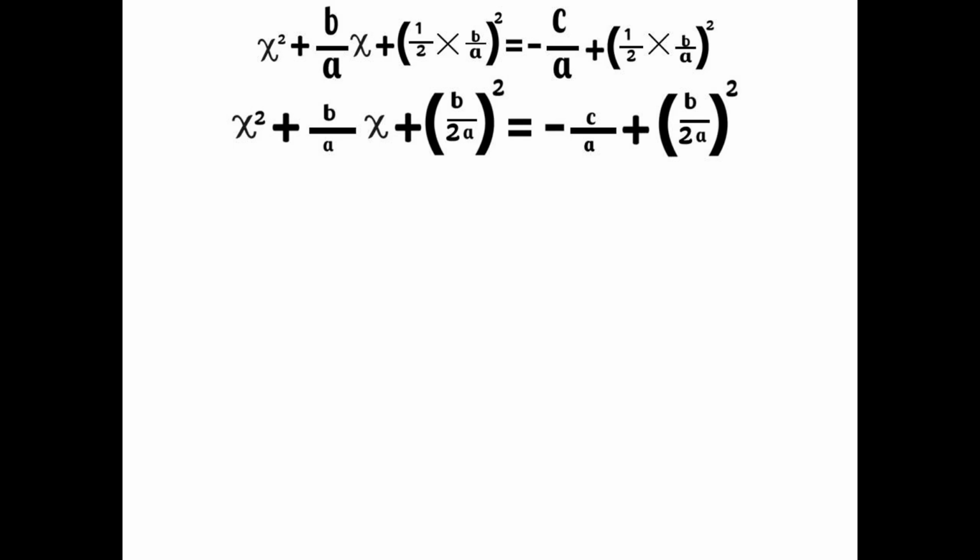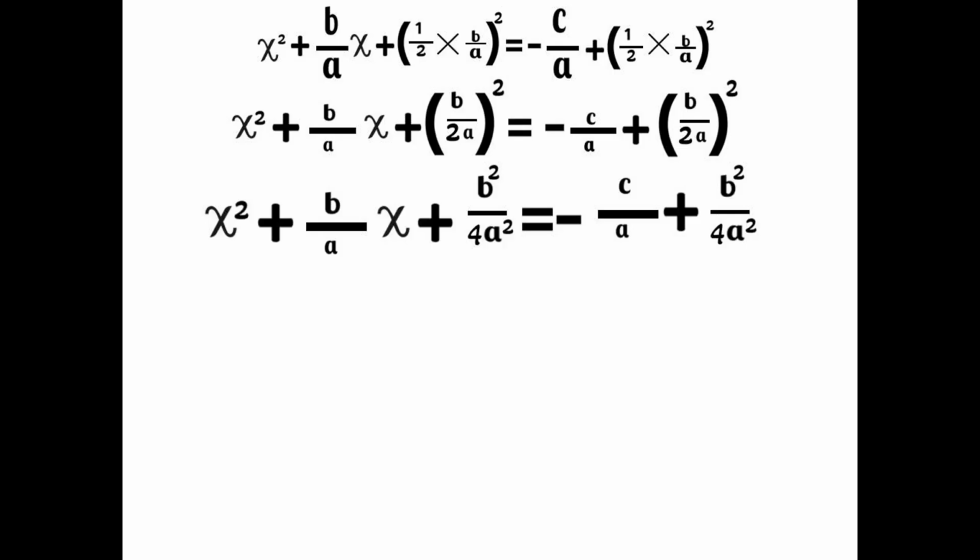So we expand the bracket: b over 2a squared gives b squared over 4a squared. We cannot find the square of b, it's a letter, so we just write b squared. But we can find the square of 2, which is 4, and a squared, so we have minus c over a plus b squared over 4a squared.